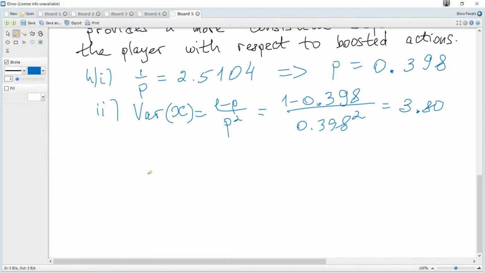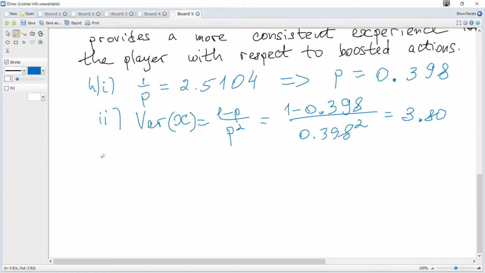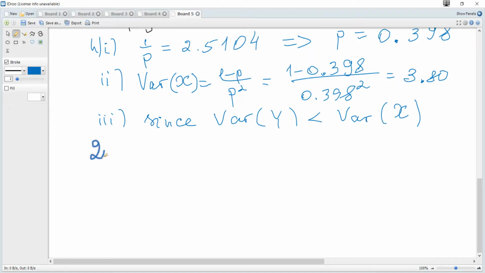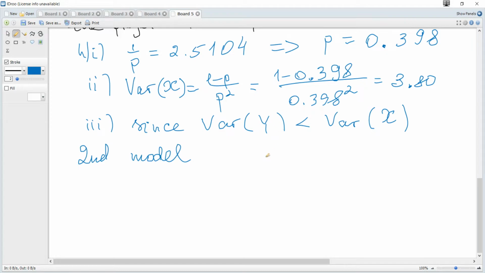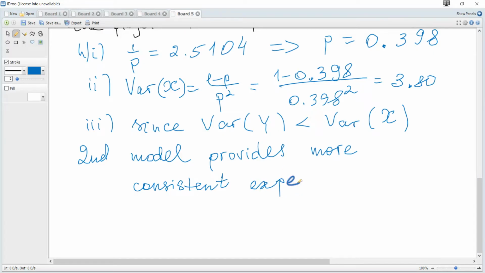So, and it's actually a reason, since variance of y is less than variance of x, the second model, the second, it's where y, model provides more consistent experience. And that's all for this question.